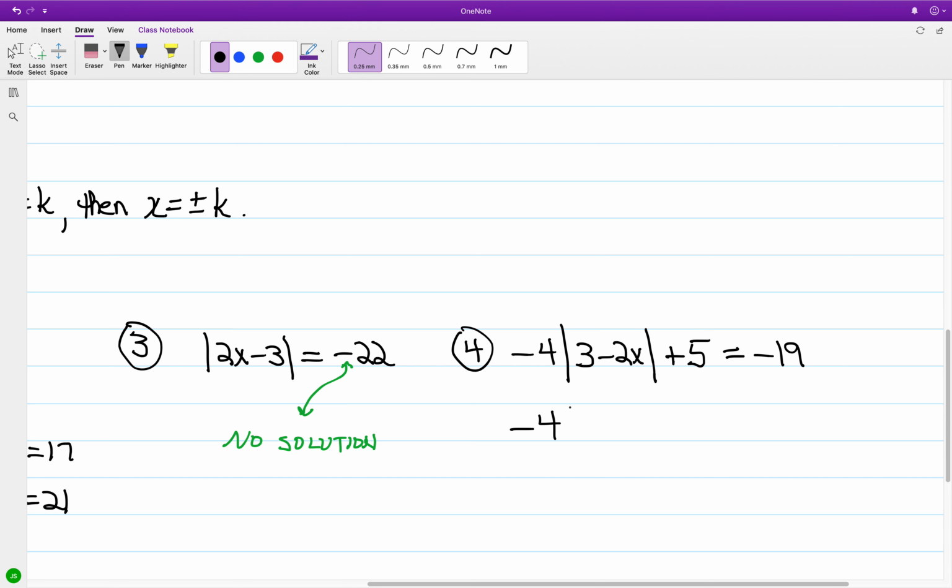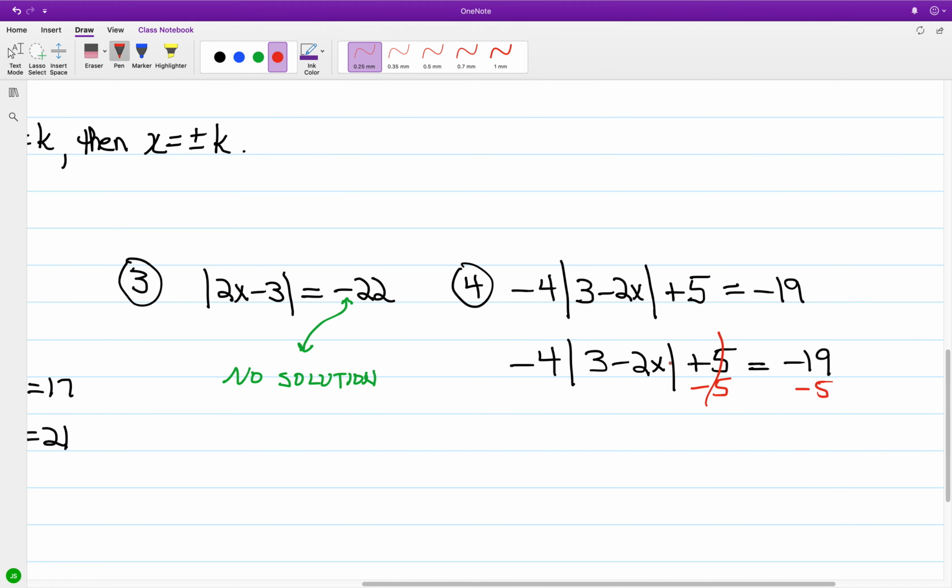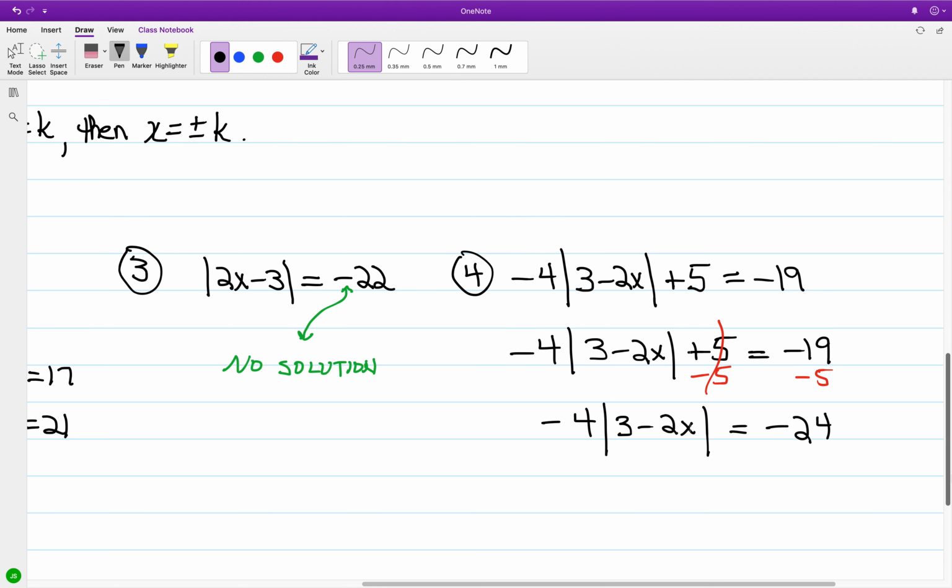In order to isolate the absolute value of 3 minus 2x, first we subtract 5 on both ends. So we have negative 4 times the absolute value of 3 minus 2x is equal to negative 24.